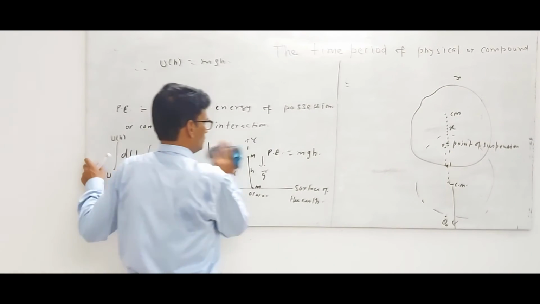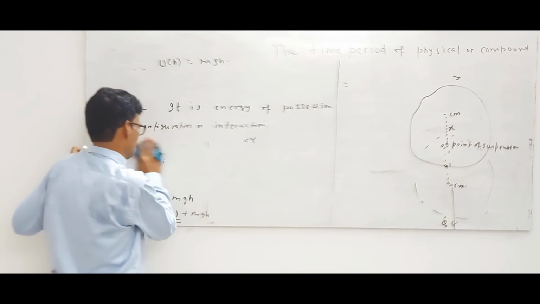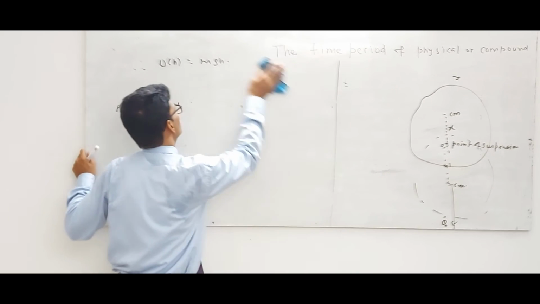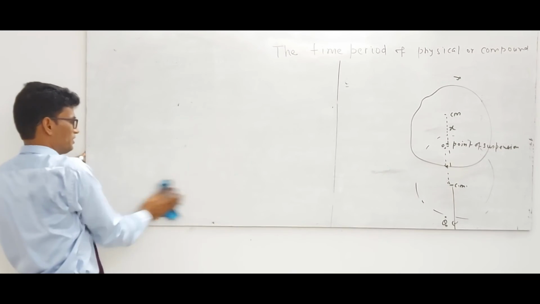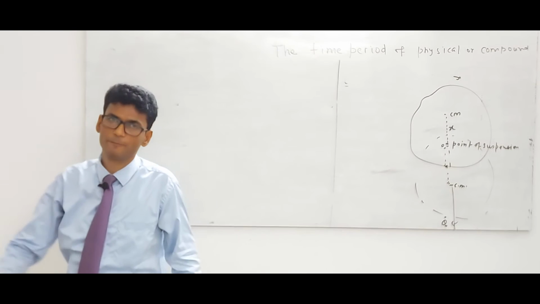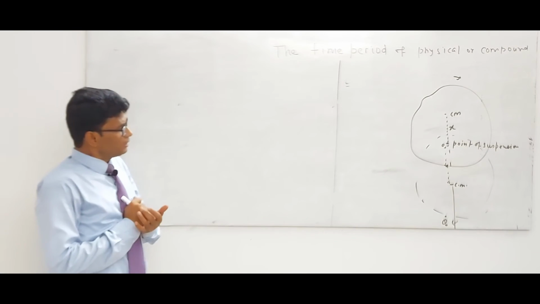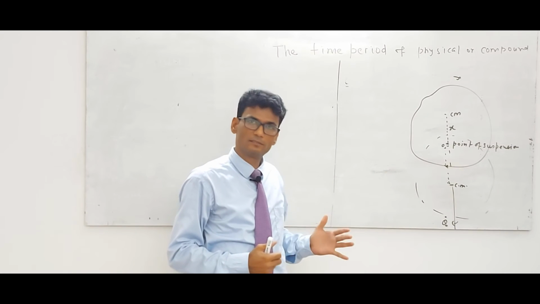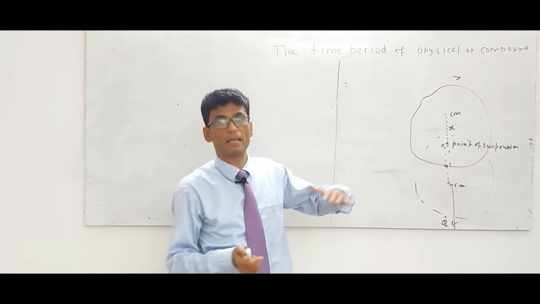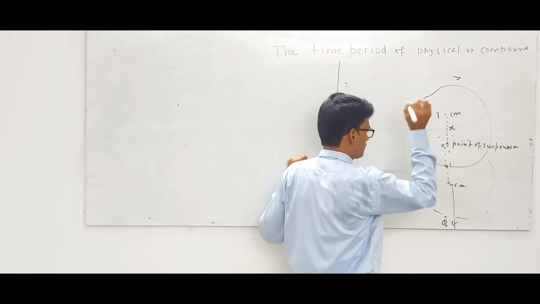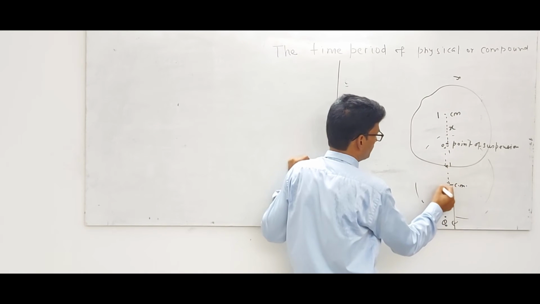Now, mechanical energy conservation. We have a general proof of mechanical energy conservation; we are not going to indulge in that. We only have to specify the two positions in which we want to use it. This is the initial position, position 1, and the final position, position 2.